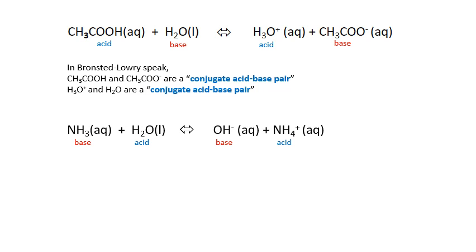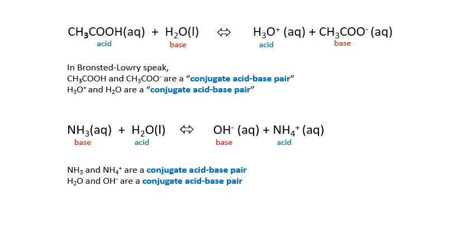But if you look at the reaction going backwards, that would be a proton being donated from NH4+, the ammonium, to OH-, which is acting as a base in that direction. So here, NH3 and NH4+ are a conjugate acid-base pair, and H2O and OH- are a conjugate acid-base pair. And again, they just differ from each other by a proton.